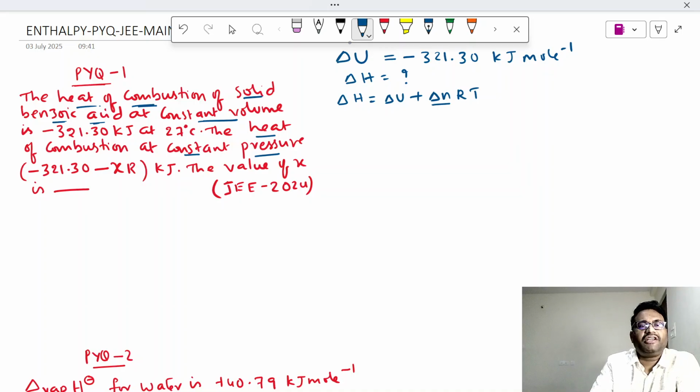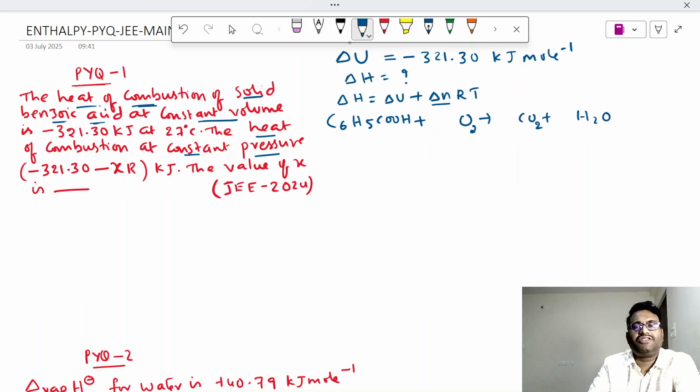To calculate delta n, first of all, we need to know the heat of combustion reaction of benzoic acid. What is the formula of benzoic acid? C6H5COOH. So this is combusted, reacted with oxygen to form CO2 plus H2O.